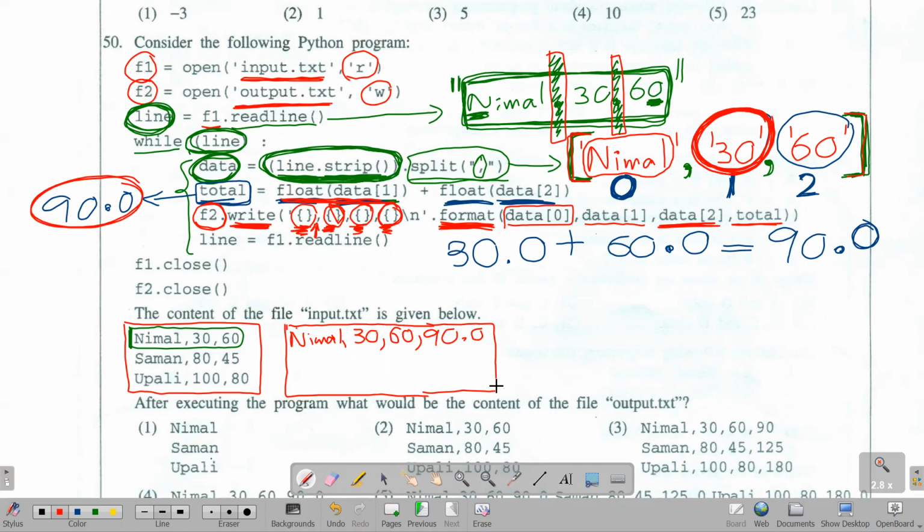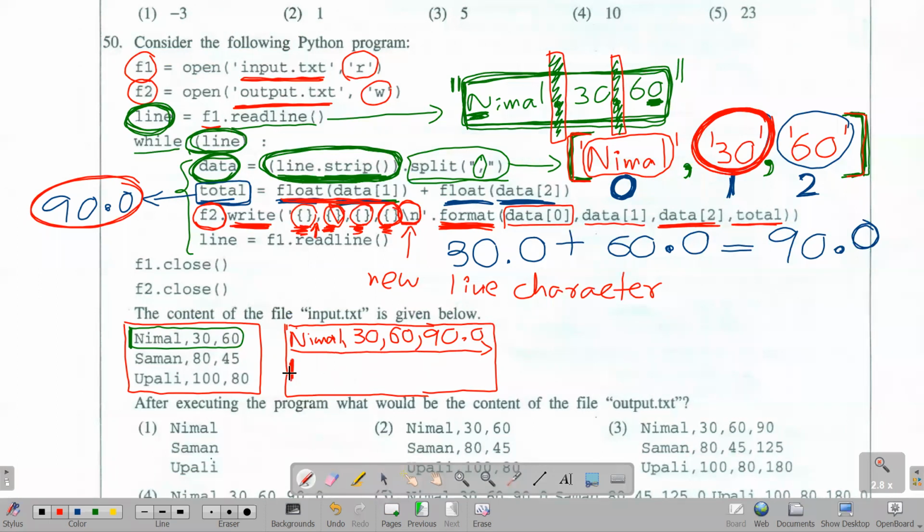And at the end, they have used something called \n. This is called the new line character. Right? That means write something on this file. After that, take the cursor to the next line.